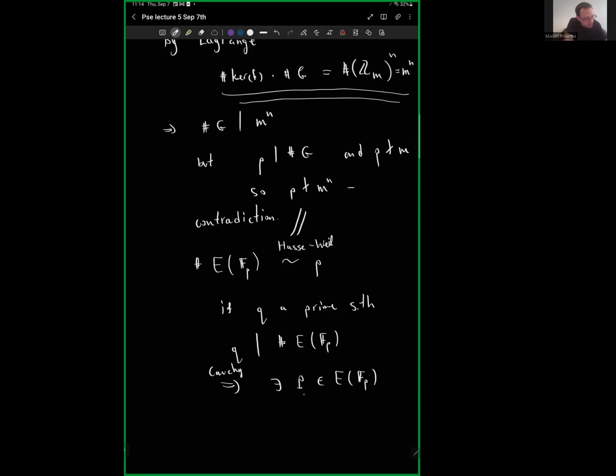So Cauchy theorem in this case would tell you that there exists an element, a point P on the elliptic curve, such that P plus P with itself Q times is equal to the zero element. And this is, of course, denoted as QP.